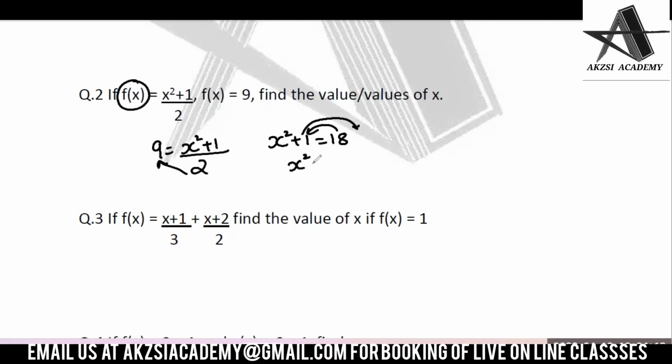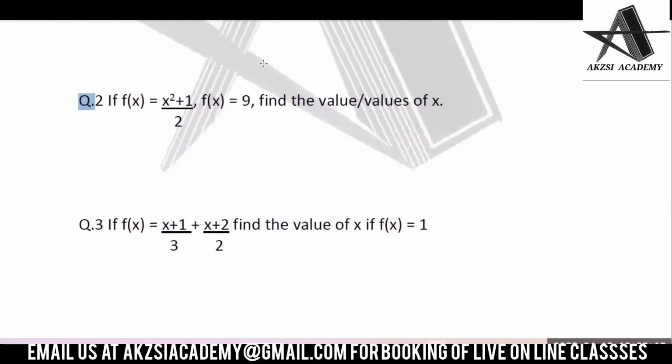So x squared is equal to 17. Now take the root to both sides. You will get x equals plus minus root 17. So definitely they were asking you to find the value or values of x. That means we are getting two values of x. x1 is equal to plus root 17 and x2 is equal to negative root 17.